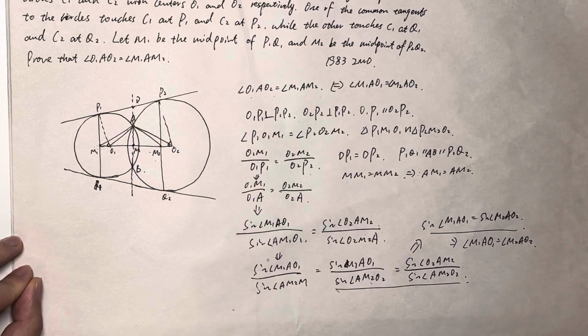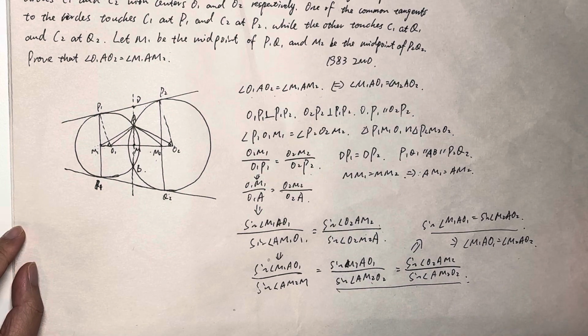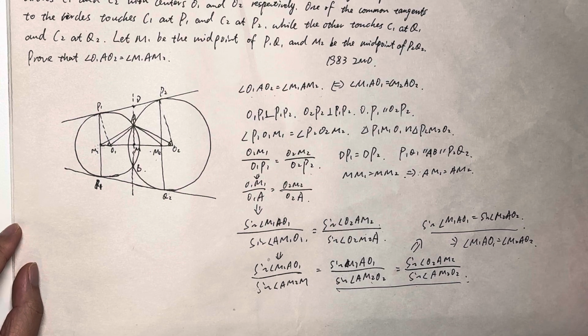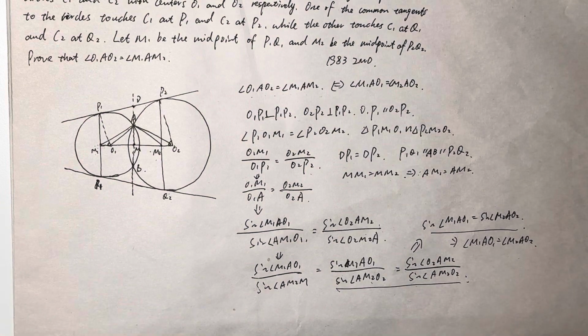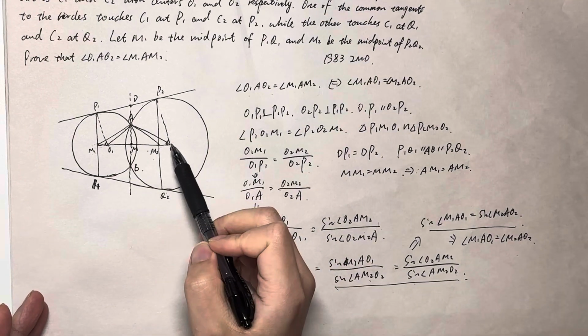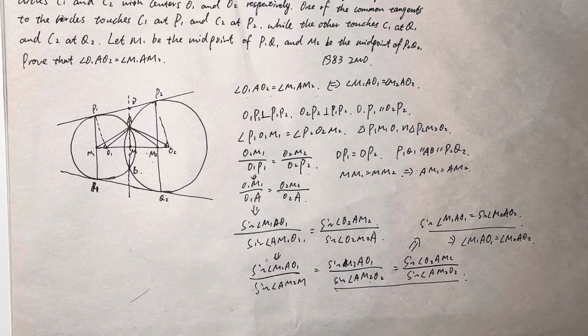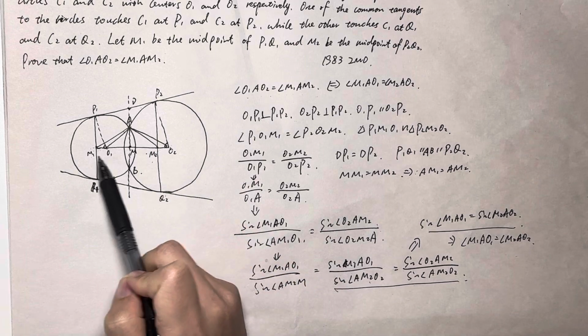Okay, although it was an IMO problem, it's of medium difficulty, slightly on the easy side. It's not a very tough one, because the first thing we know from this problem is that we want to prove two angles equal. And we know that circles O1 and O2 are unequal, which means we need to find the relation of these angles from O1 and M1.